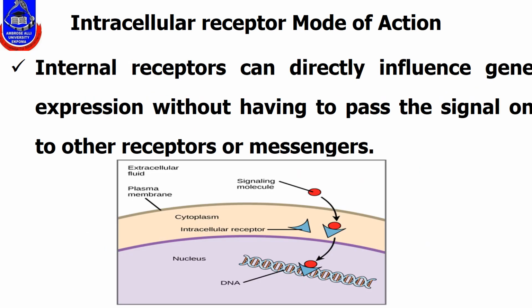Again, we can see the signaling molecule binding to the intracellular receptor, and the signal molecule receptor complex now traverses the nucleus and interacts with the nuclear DNA.